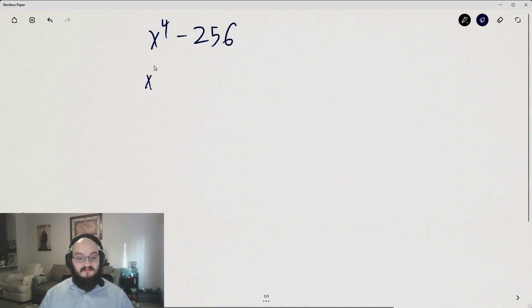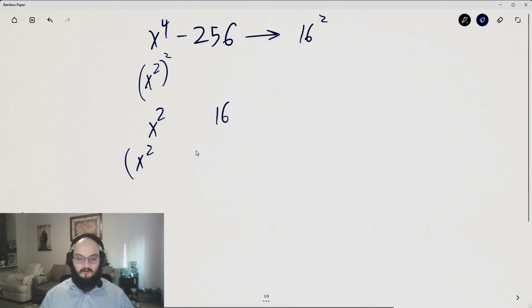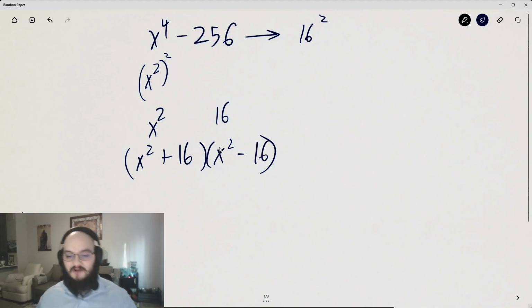Our x to the fourth is the same thing as x squared, squared, and 256 is the same thing as 16 squared. So when we square root both sides, we'll have an x squared and a 16. X squared goes at the beginning of each of our factors, and 16 goes at the second part of both of our factors. One of them's added, one of them subtracted.